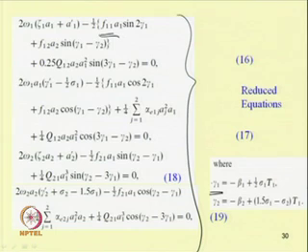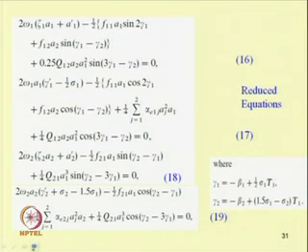So, we can write gamma 1 equal to minus beta 1 plus half sigma 1 T 1 and gamma 2 equal to minus beta 2 plus 1.5 sigma 1 minus sigma 2 T 1. In this way, by writing the equation in terms of gamma 1 and gamma 2, we can write these terms this way. Now we have reduced this equation to a set of first order equations.